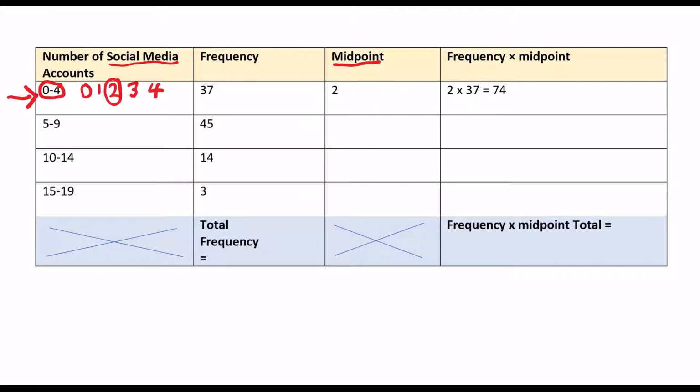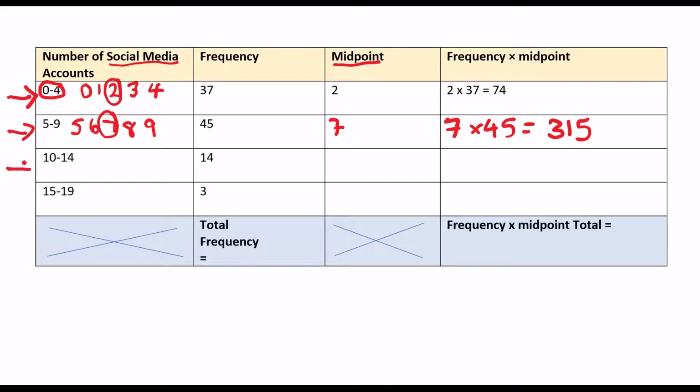So let's do the next one. Now we're on this row here. Class 5 to 9: 5, 6, 7, 8, 9. The midpoint is 7. So we're estimating that in this class, the average number of social media accounts was 7, and there were 45 people involved. So 7 times 45, we're going to say in this class there were 315 social media accounts.